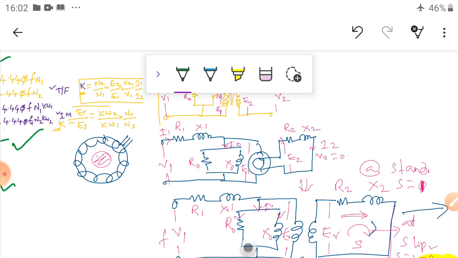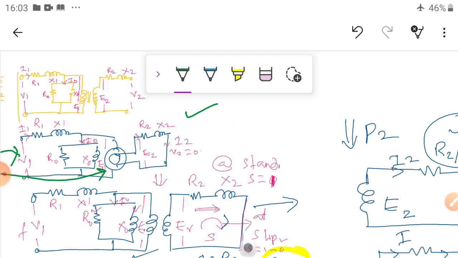Okay, so based on this I wrote the stator side equivalent circuit diagram and rotor side equivalent circuit diagram here normally. And here the rotor circuit is further analyzed into the electrical equivalent of mechanical load.